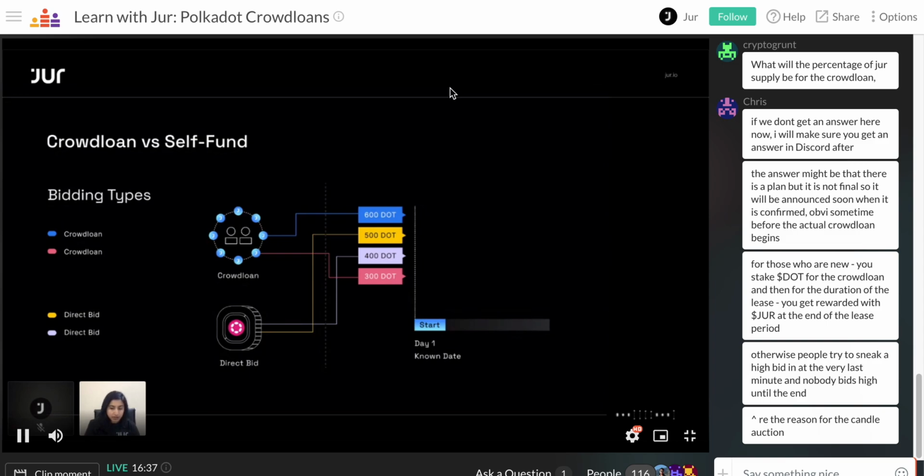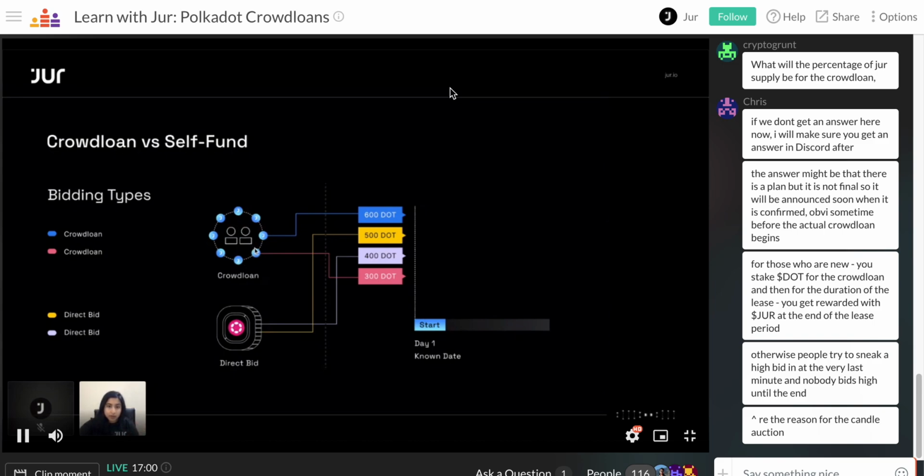So when a project is maybe not economically stronger or wants the community to participate, then they coordinate an entire crowd loan, and then the entire community bids together for a parachain slot. And in this image here, we are comparing these two kinds of biddings.